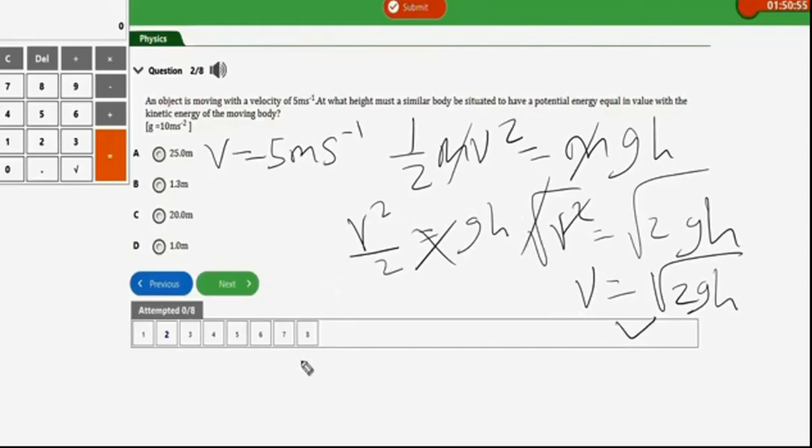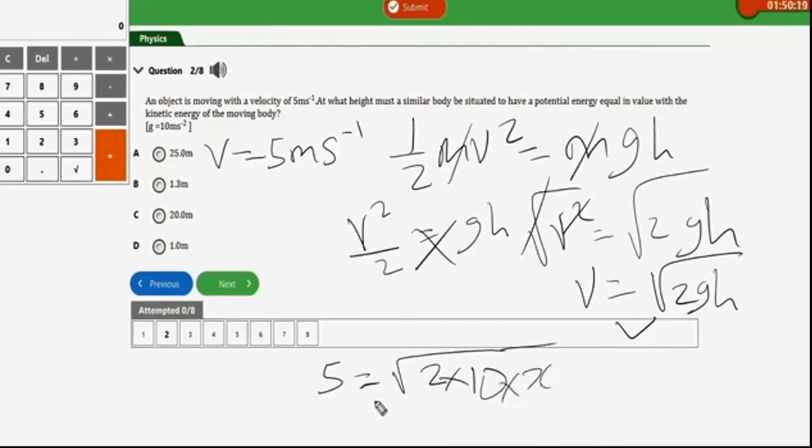So our v is 5, so we have 5 equals square root of 2 times our acceleration due to gravity, 10, which is constant, times our height, which is unknown. Let's call it x.